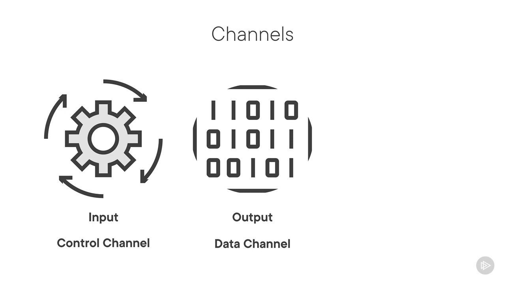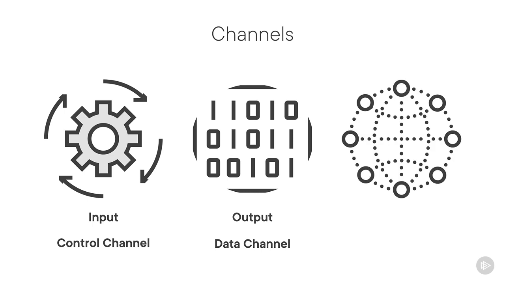Besides the input channel and the output channel, you often can use a third channel, and that's actually the side channel. What we mean by side channel is an indirect channel. Say for instance that you can let the database perform DNS queries.